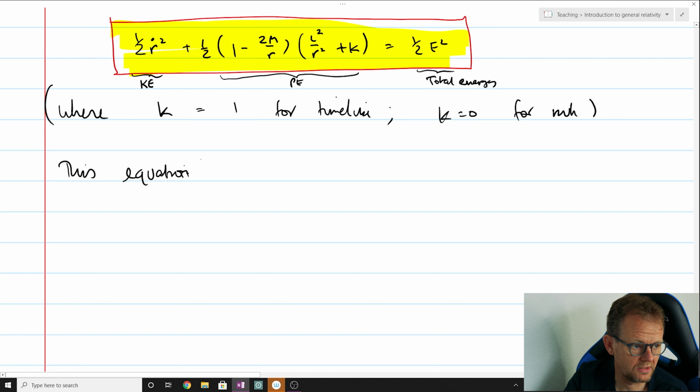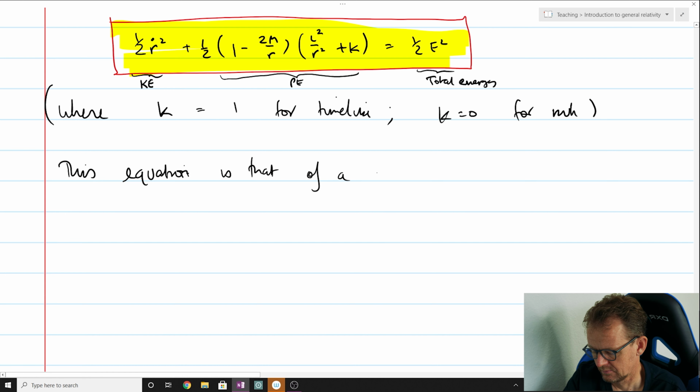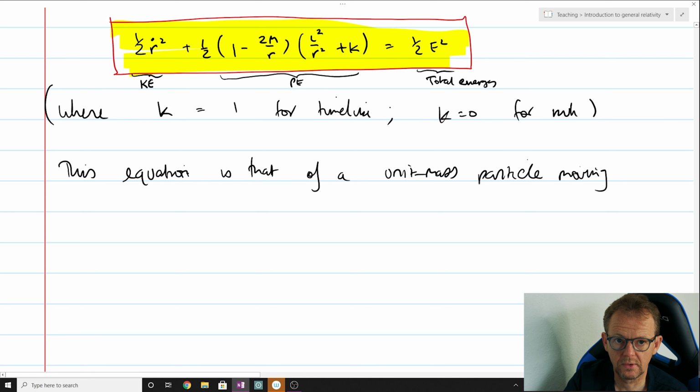We've got a kinetic, potential, total energy. We know how to work with such things. And we're going to import and exploit all the knowledge we have of one-dimensional mechanics to solve this equation.